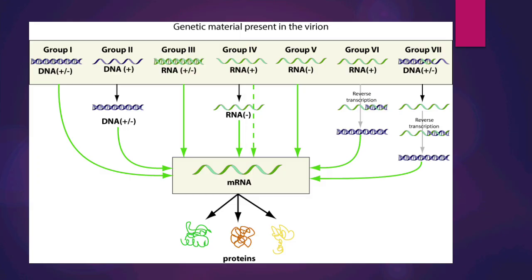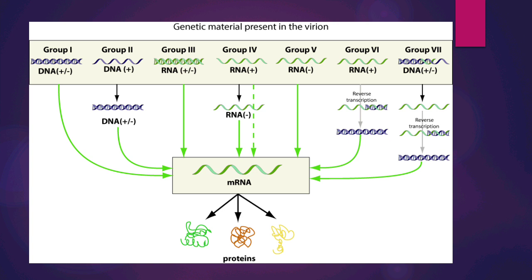In this picture, it clearly explains the genetic material present in the virion. First, we have group 1 and group 2, group 3, group 4, group 5, group 6, and group 7. It's similar to mRNA, and mRNA produces the end product as protein. Protein is a coiled thread-like structure in nature.